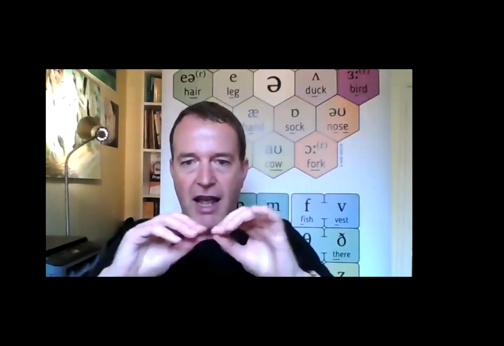For example, bird or bird, because that's a very important area of variation, whether the R is pronounced after a vowel or not. So model your own accent, but raise awareness of other accents would be my approach to that.